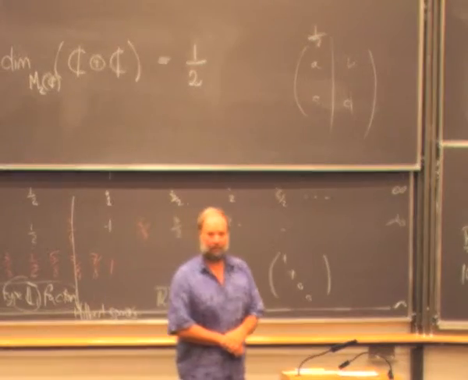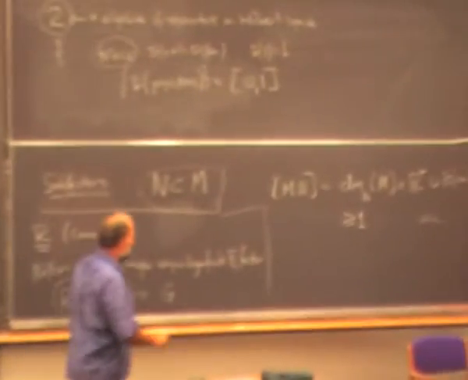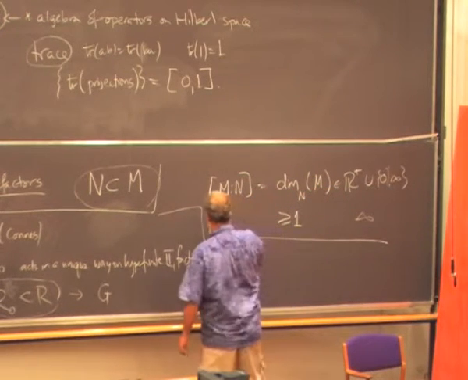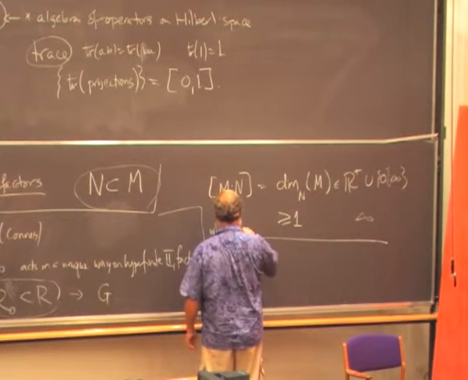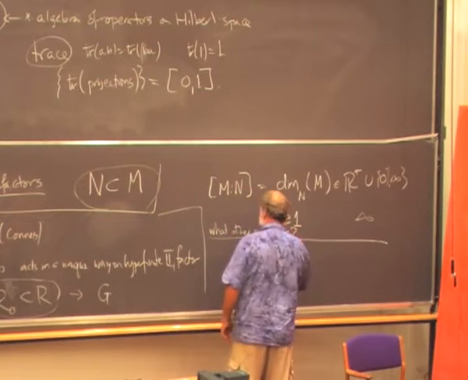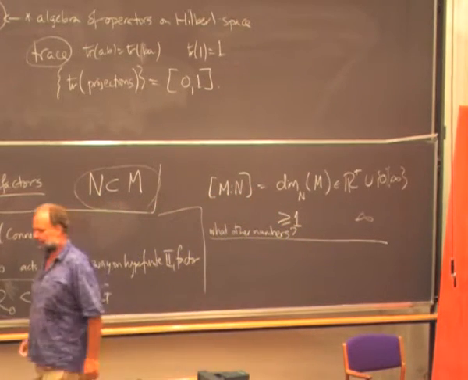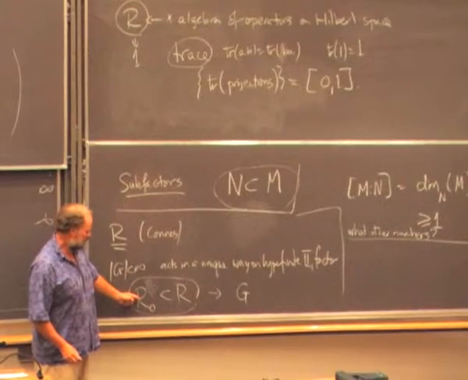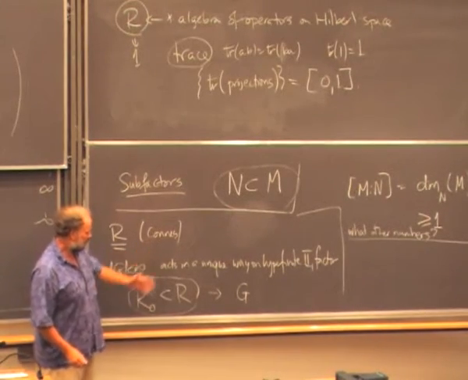Let me give you a few examples and then we'll try to get some intuition. What are the real numbers? Okay, so let's look at the examples we've got. I've only given you one, right? The only one that I gave you was, well, I haven't even given you what this is, but anyway.